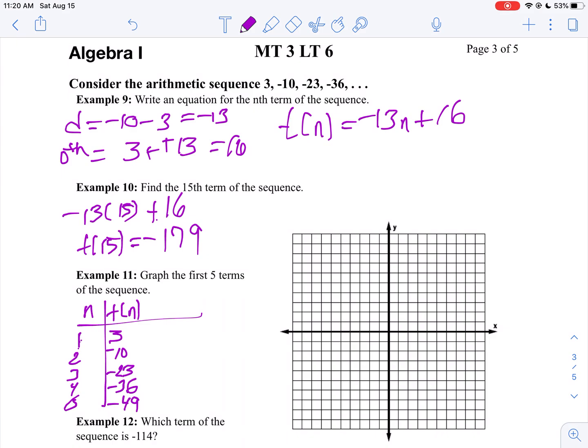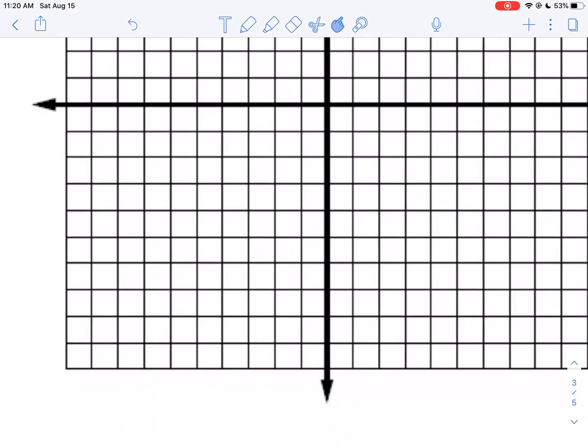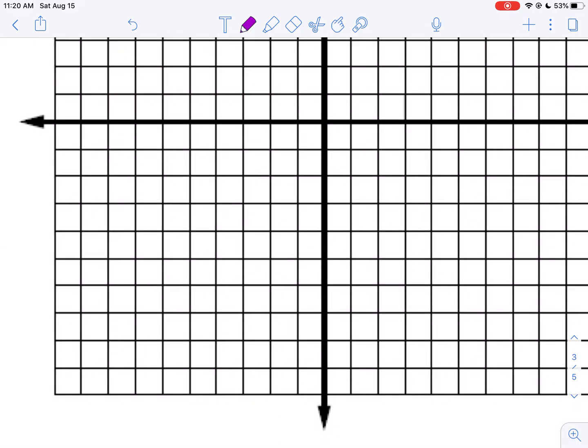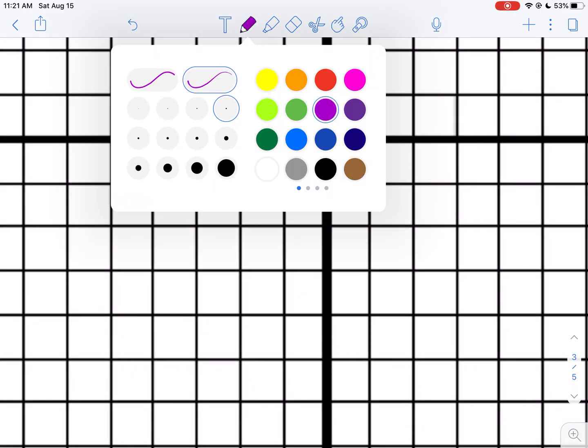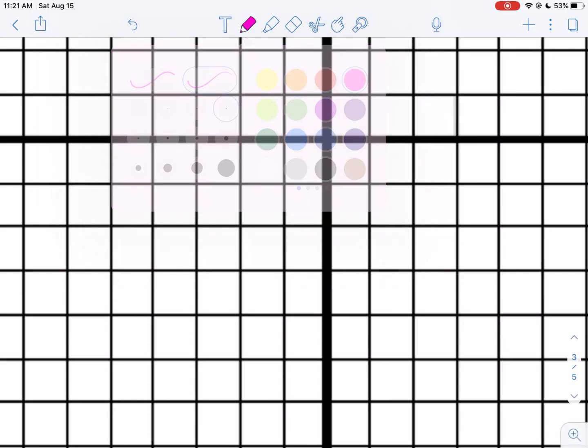Now there are 10 tick marks on my graph, so what I think I'm going to do is count by 5. That will take me to negative 50. Make this as big as I can, so you can see how that works out.